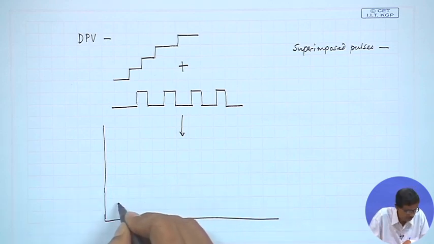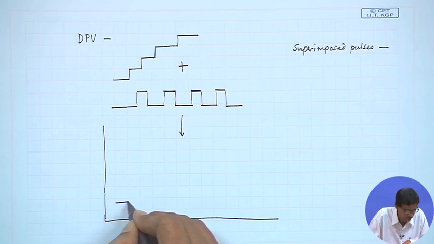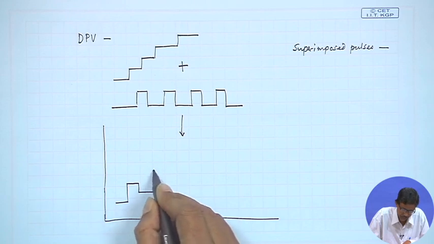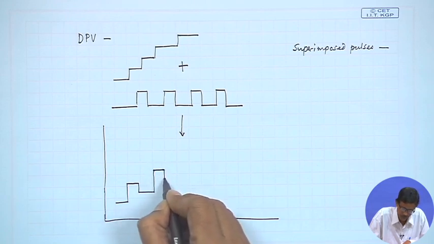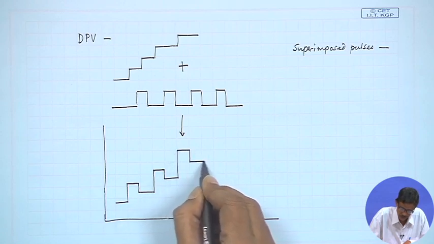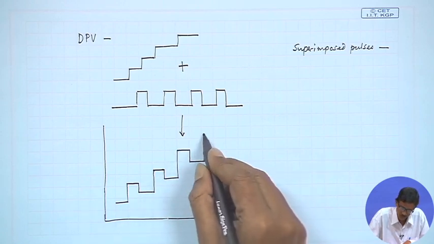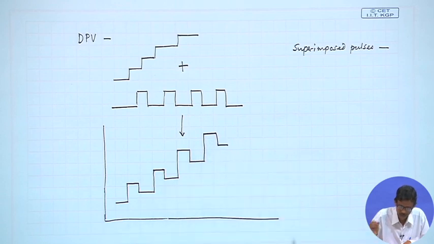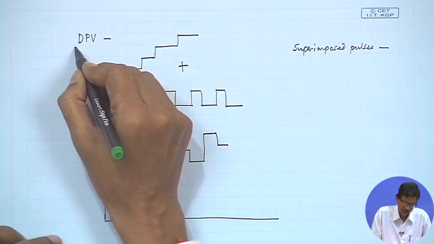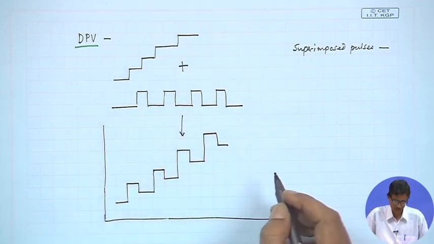What we get now is very important and interesting. You get this, and you come back, and you get this, and this goes up, and this. So, this is the waveform. We should know the shape and nature of the waveform, particularly for differential pulse voltammetric measurements.